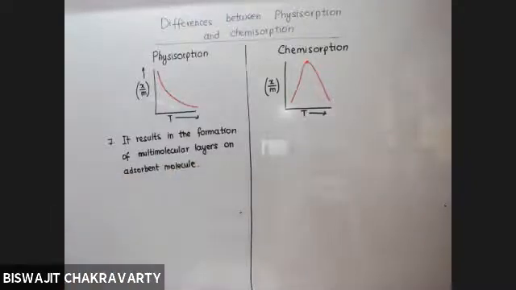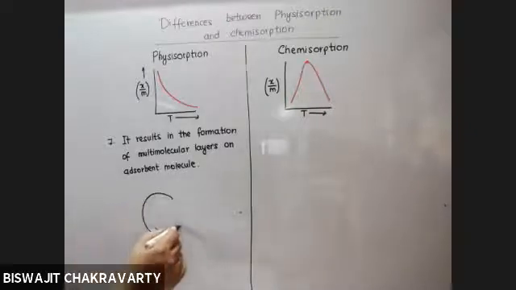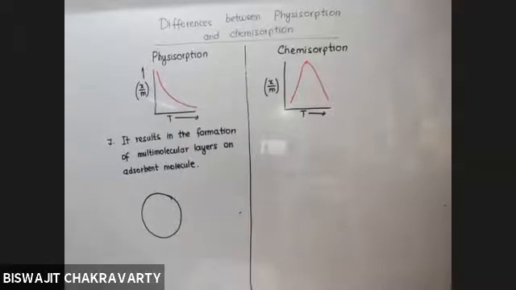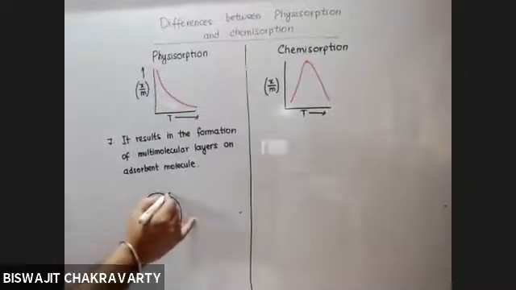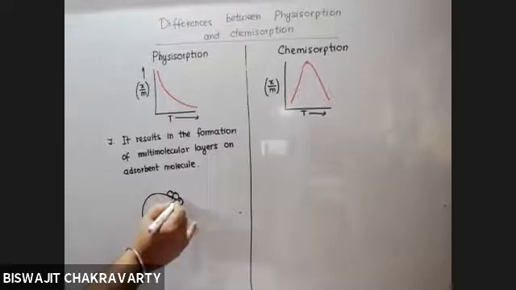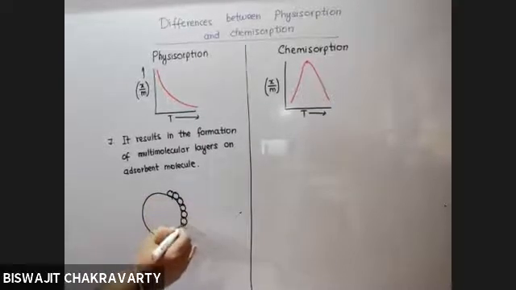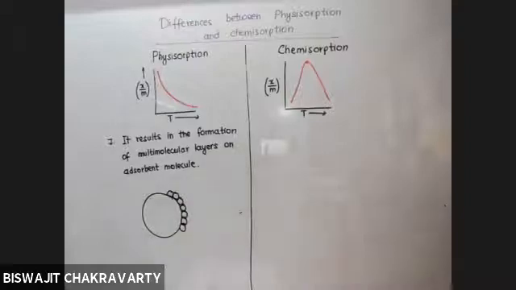Now, what is the meaning of the term multimolecular layer? It means that suppose this is the adsorbent. So at first, there is one layer of adsorbate coming, and the force responsible, of course, is van der Waals forces.